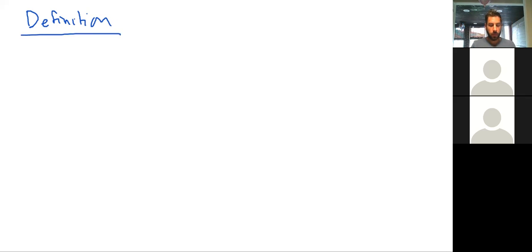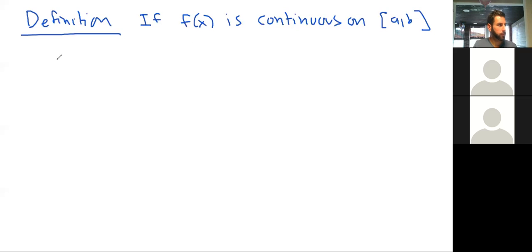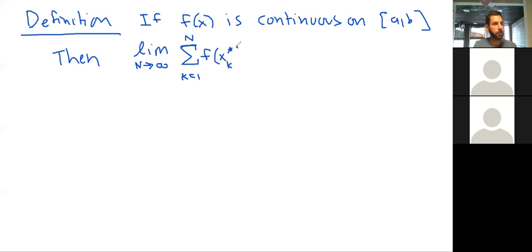So, definition. If f of x is continuous on [a, b], then this limit exists. So this scary limit will exist.